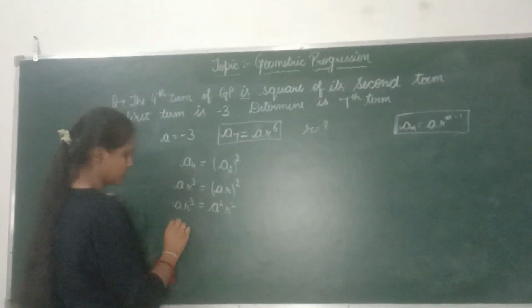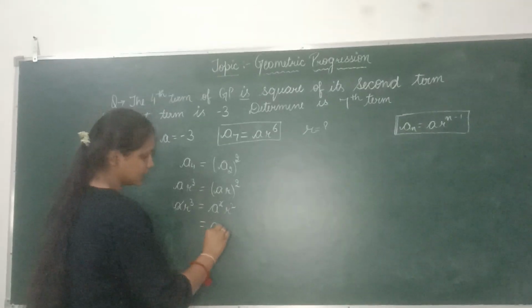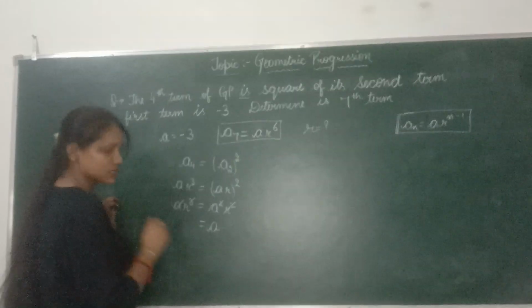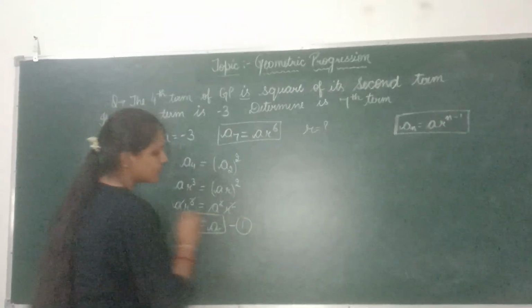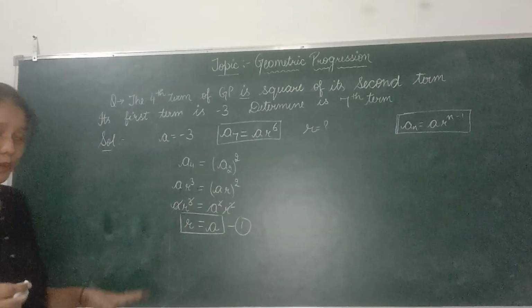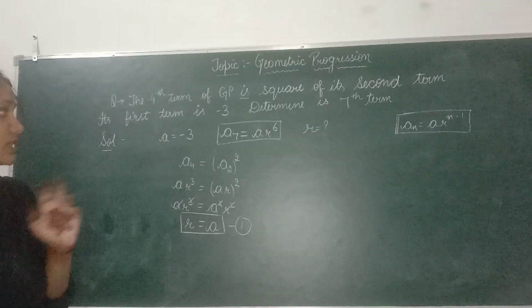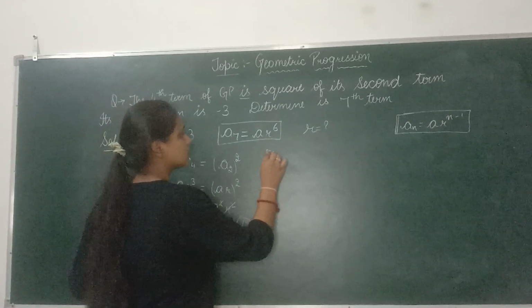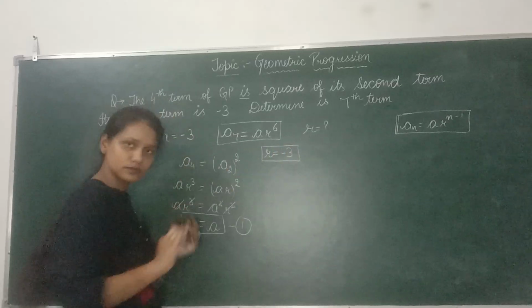A square should be cancelled with this A, leaving only A, and R square should be cut down with this R cube, leaving R. So here one very important relation comes out: the common ratio is equal to the first value of the GP series, and the first value in this question is given. So the value of R also comes out to be -3.